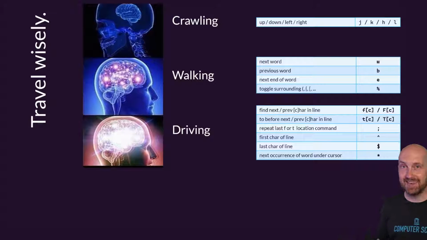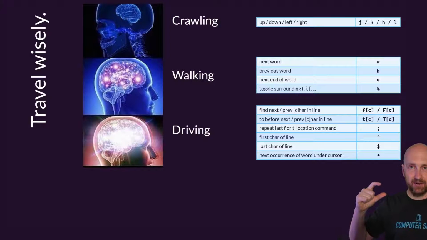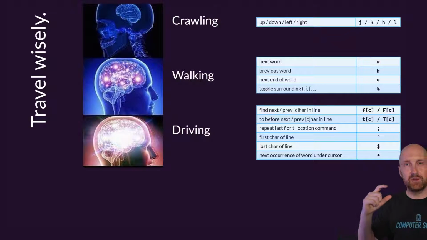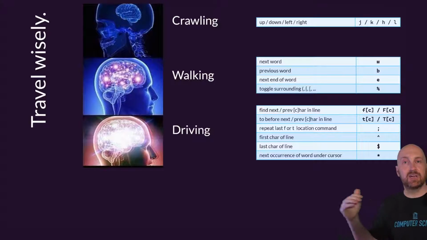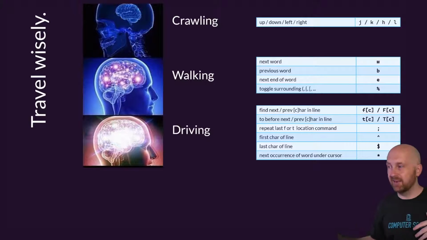So driving is getting you a little bit further, a little bit faster. And the idea here is oftentimes when you're on the line that you're working in, so you've navigated, your cursor is on the right line, and now you're trying to move somewhere far from where your cursor is within that line. The first set that I want to talk about is move to the beginning of a line or the end of a line.